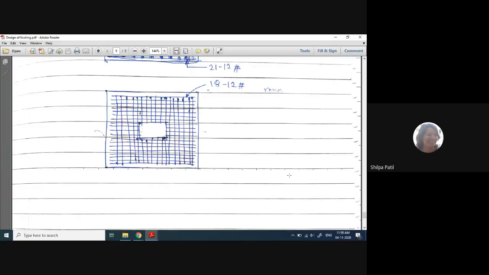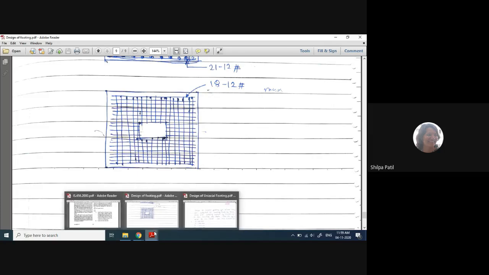For that, you have to design the footing to carry the axial load along with the moment. For that, we have to consider another problem.